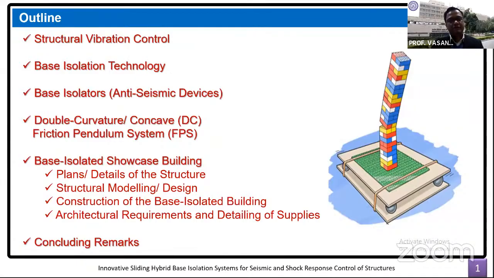Now, though I do have some mathematical equations for the functioning, and for deriving those equations for a multi-degree of freedom system when base isolated using the double concave friction pendulum system, today I decided to focus more on the real-life aspects: from the structural design viewpoint, how these systems are modeled in software and how the results can be used for designing a real-life project.